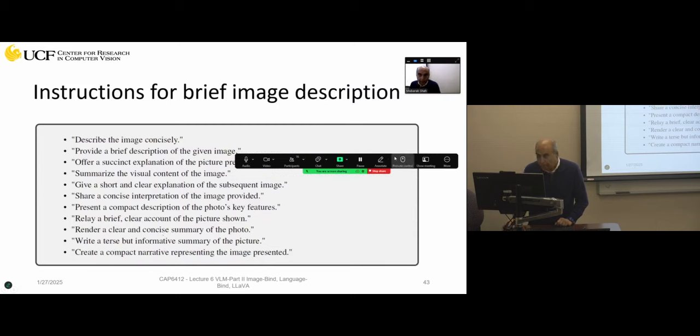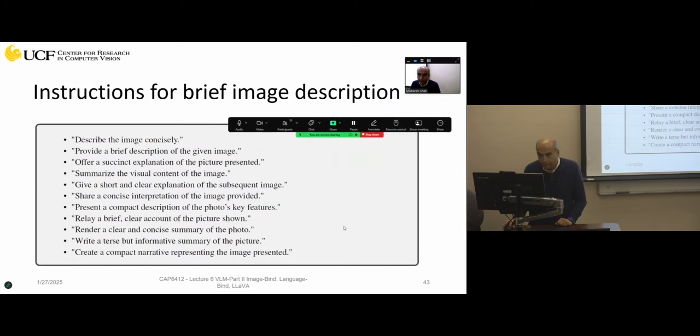So here are the different prompts, different instructions they use. For image description, you can say describe an image. You can say provide a brief description of the given image, offer a succinct explanation of the picture presented, summarize the visual content, and so on.